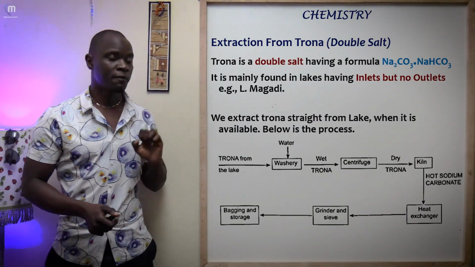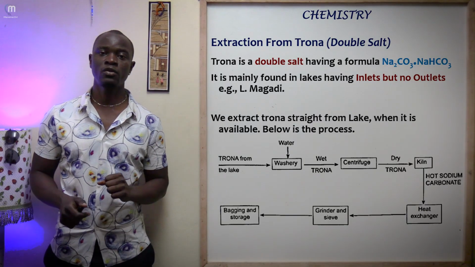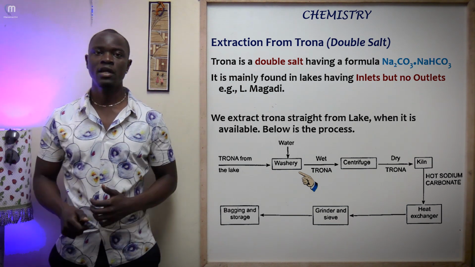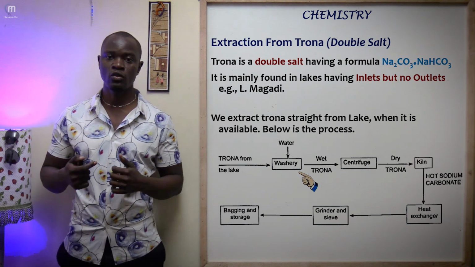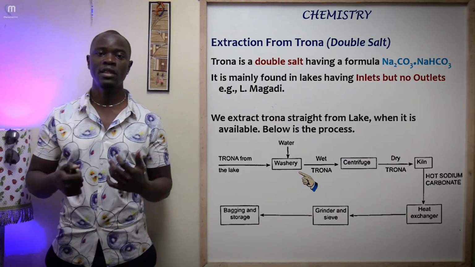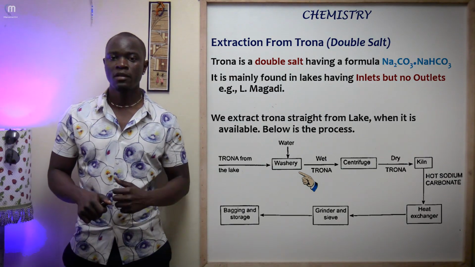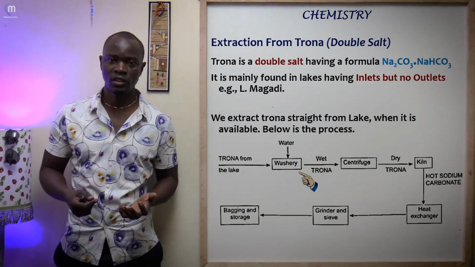So now we go to the chart that you are looking at. Already we have mined Trona. After mining Trona, the Trona is taken to the next chamber, which is called the washery chamber. In this washery chamber, the Trona is washed.